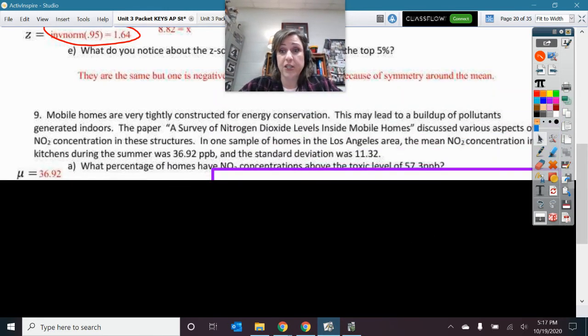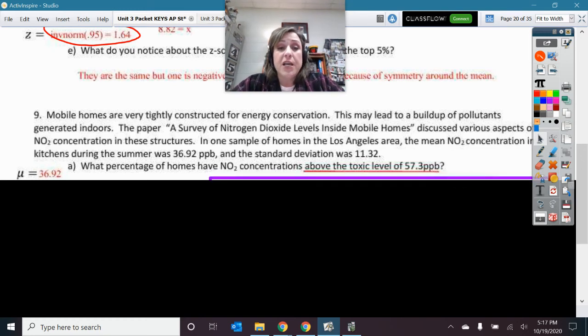And then we'll check. So we're going to do some pause and then get the answer. So here we go. Mobile homes are very tightly constructed for energy conservation, but they're worried about this buildup in pollutants generated indoors. So they did a paper on the survey of the nitrogen dioxide levels, NO2, inside mobile homes.